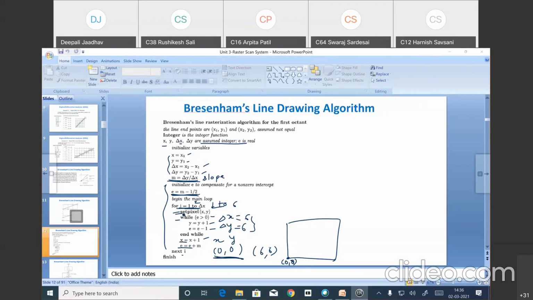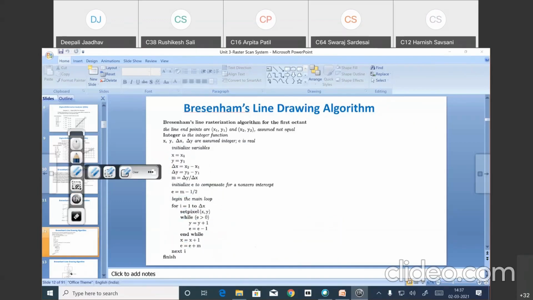If E is less than 0, y remains as it is, and directly increase the value of x. So every time it checks the while condition, whether E is positive or negative, and accordingly the pixels are selected using set pixel. These are generated on the raster system. So this algorithm we are now going to see with an example.